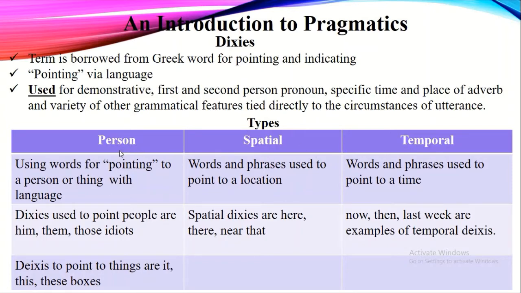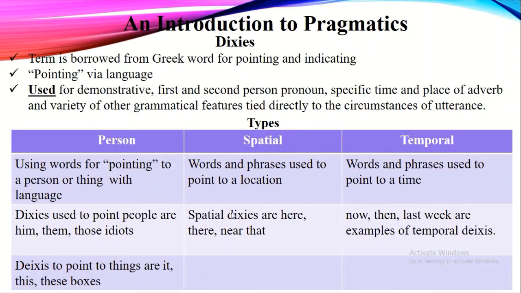Person deixis uses words for pointing to a person or thing with language. Deixis used to point to people are him, them, those idiots. Deixis to point to things are it, this, or these boxes. Next one is spatial. Words and phrases used to point to location are called spatial deixis.